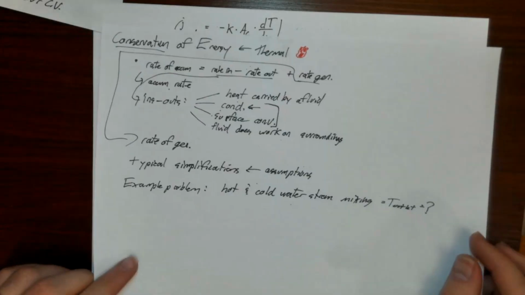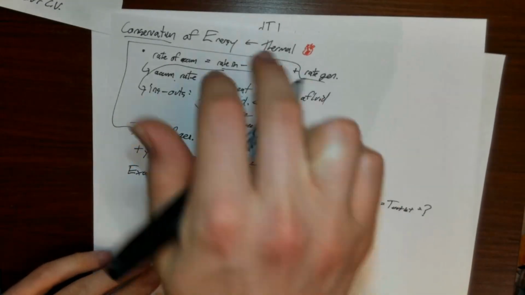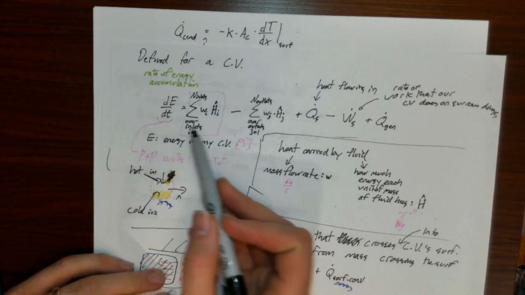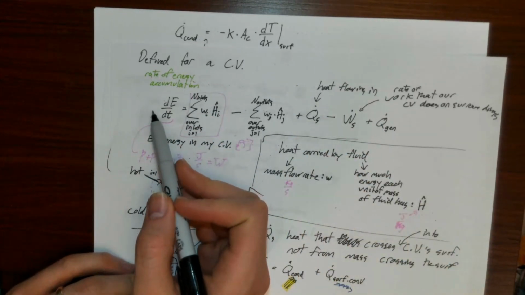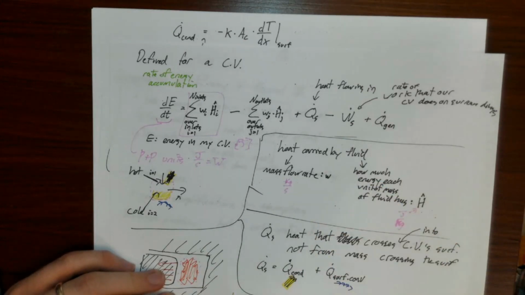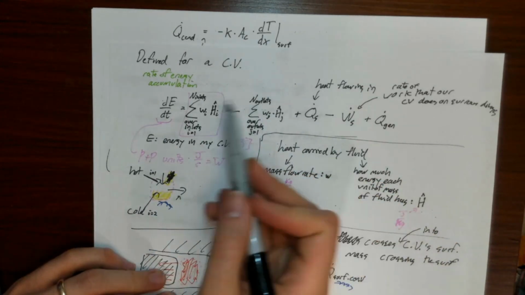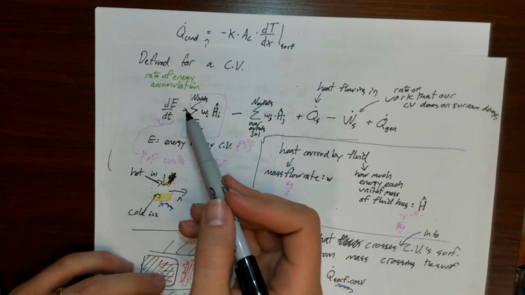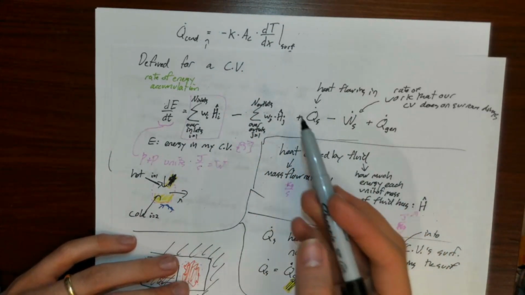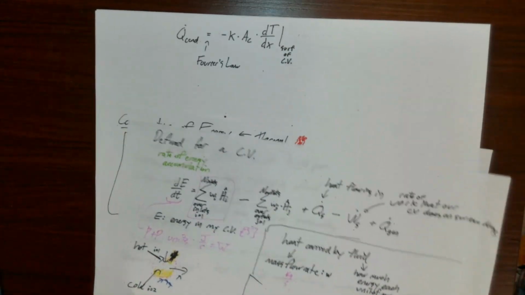Very rarely, and in fact I don't think at all in this class, are we going to use this full equation where we have all of these terms going on at once. Almost always we have a system where some or maybe even most of the terms in this equation we can cross off due to various assumptions that we can make about our system.